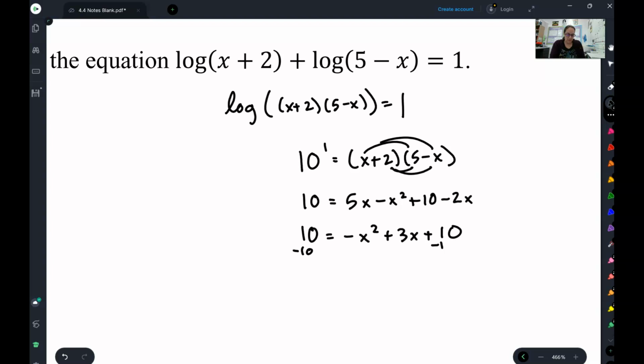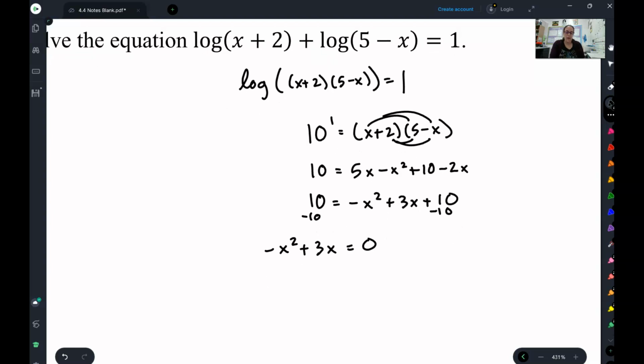Bring everything to the same side. And I end up with that. Now I notice they have an x in common, so I'm just going to take a negative x out and then set them both equal to 0. So I have x equals 0 and x equals 3.